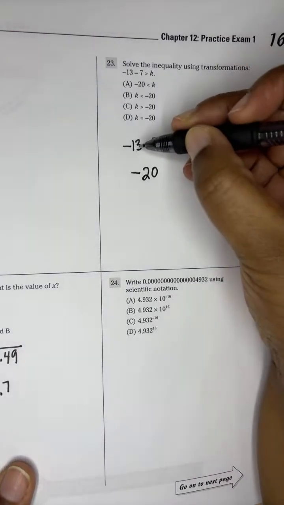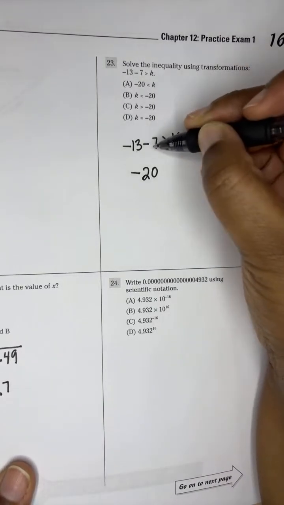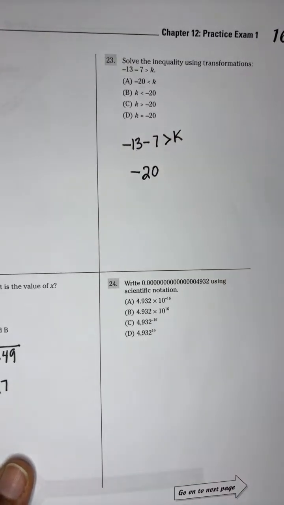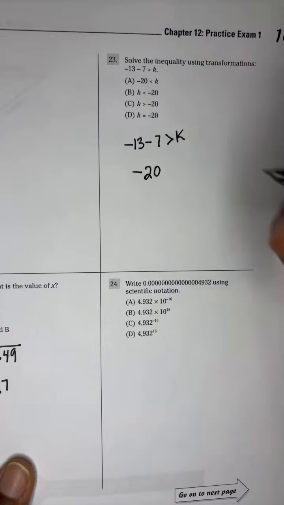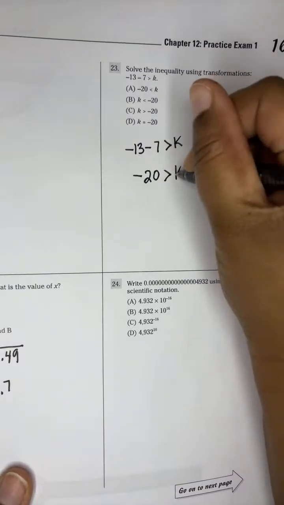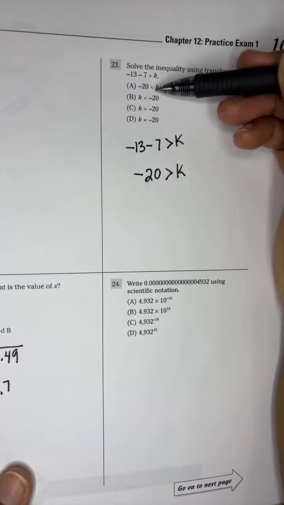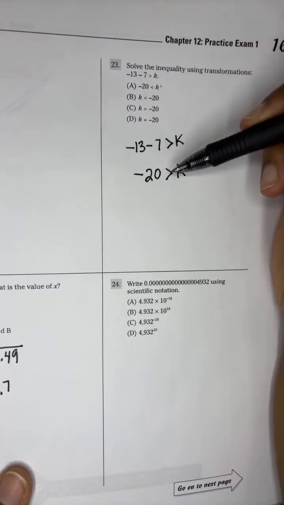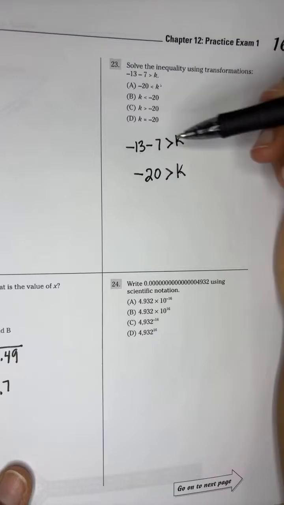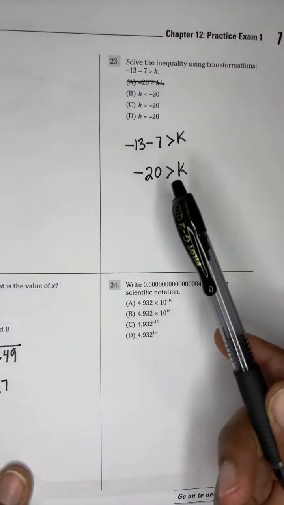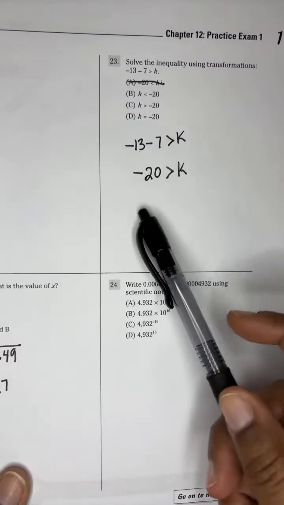So whenever you are adding two negatives, you add the numbers and the number just keeps on getting bigger negative. All right. Now, don't fall for this. This is not the same as this. Do you see how they flipped the sign here? So A is out. Okay. Well, let's write our K on this side.